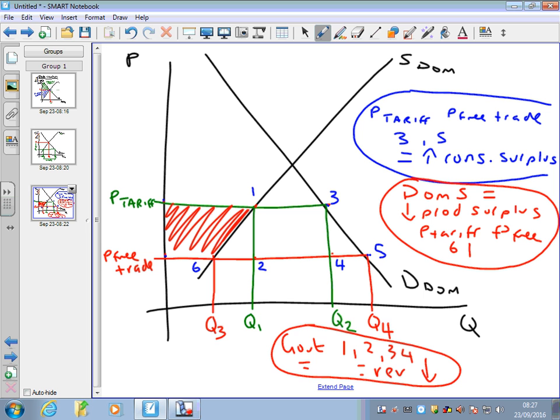We're just transferring producer surplus into consumer surplus. This area here, again, is consumer surplus that society's gained, but that's also tax revenue that the government have lost. So them two kind of cancel each other out. So of the consumer surplus gains, the only one that's really going to be good for the economy is that triangle and that triangle. So these two triangles basically show the benefits to the society of the free trade.